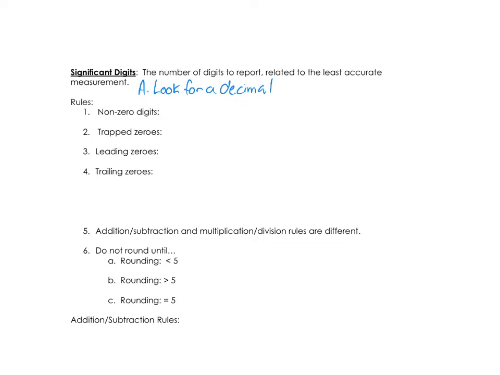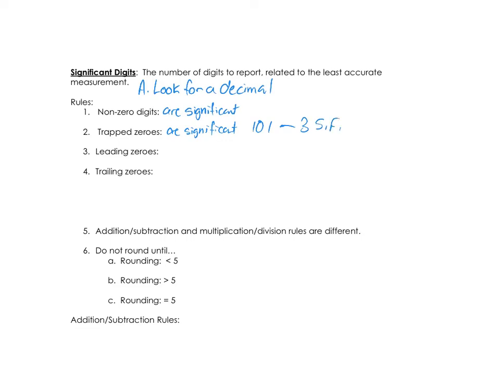Non-zero digits that are listed or that are measured, I guess would be the best way to say it, are significant. Trapped zeros are significant. What does that mean? If I have 101, this has 3 sig figs. 3 SF.